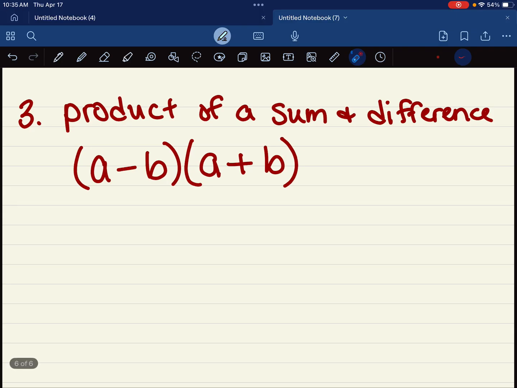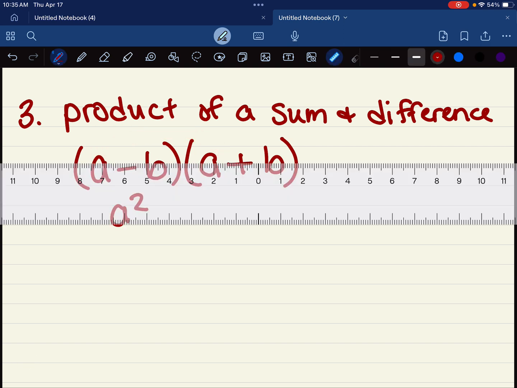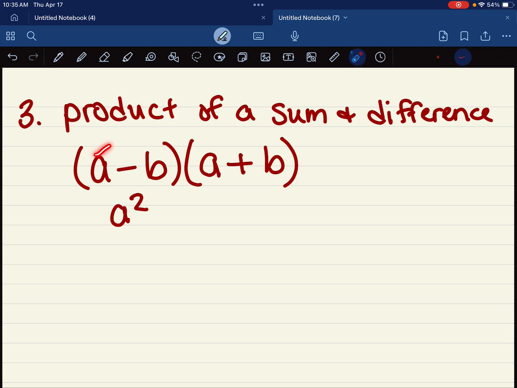If I were to distribute this, what's A times A? A squared. What's A times B? AB. So positive AB. What's negative B times A? Negative AB.